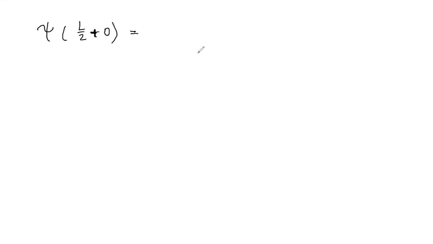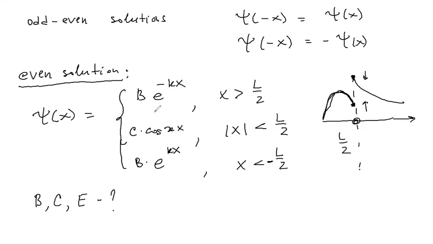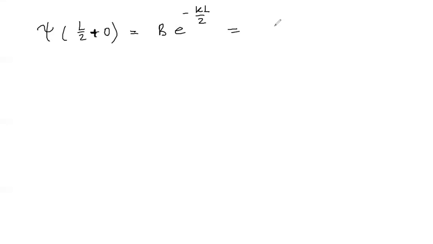Coefficient B exponent minus kappa L over 2, yeah? This is the value of my wave function at L over 2 if I approach this from the right side. So when I approach this from the right side, I'm going to pick this one. And this should be equal to the wave function at L over 2 if I approach this from the left side.